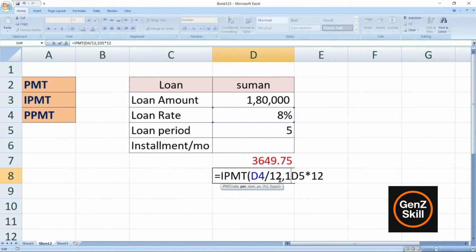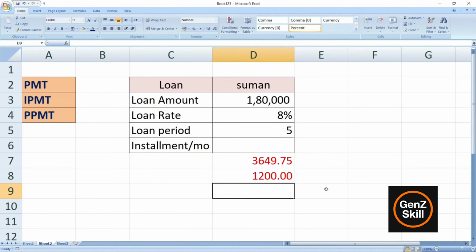Here we add one thing. Here we have to add which month, how many months. So we can add 1 between the rate and the period. Close the bracket and press enter. We can see here the result. We get 1200 rupees interest per month.